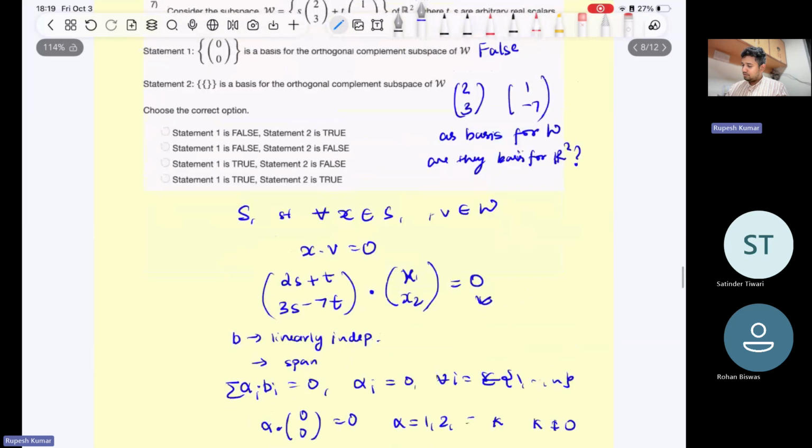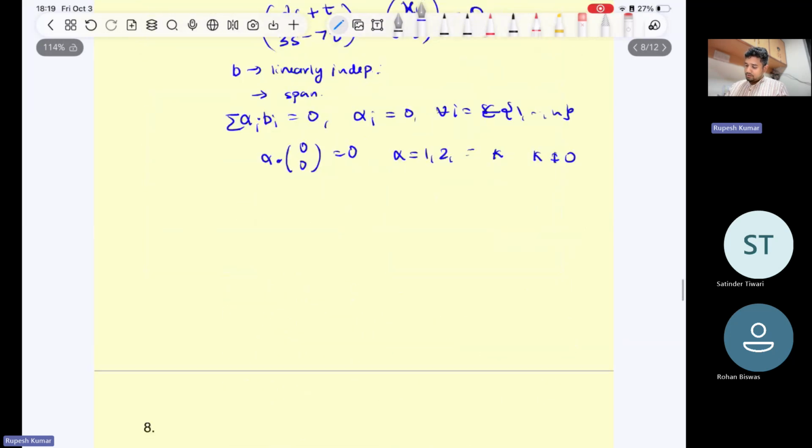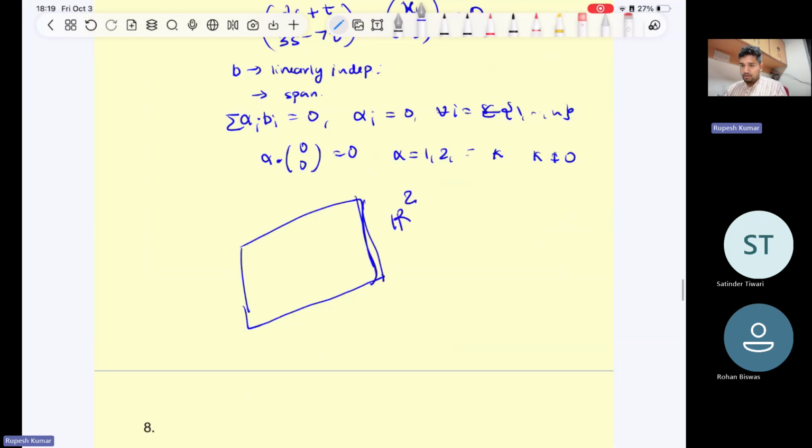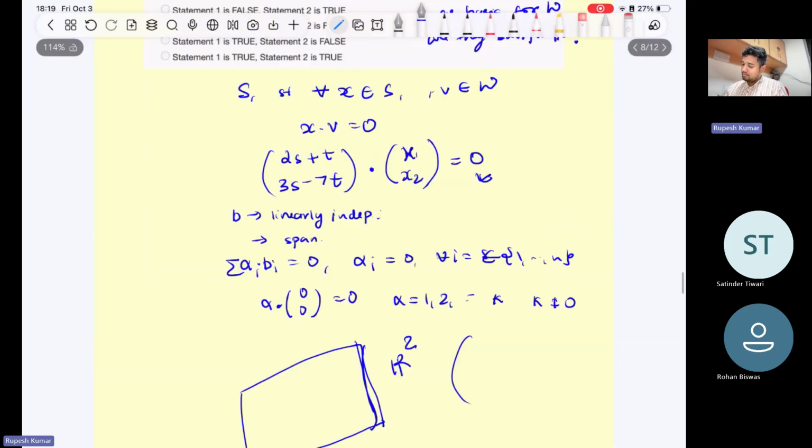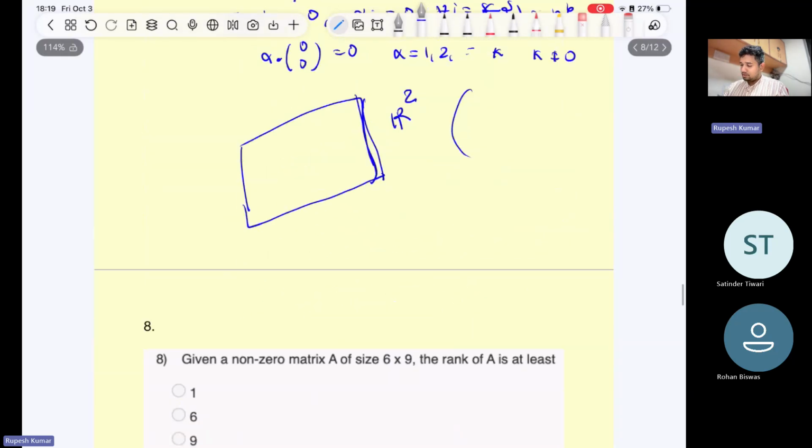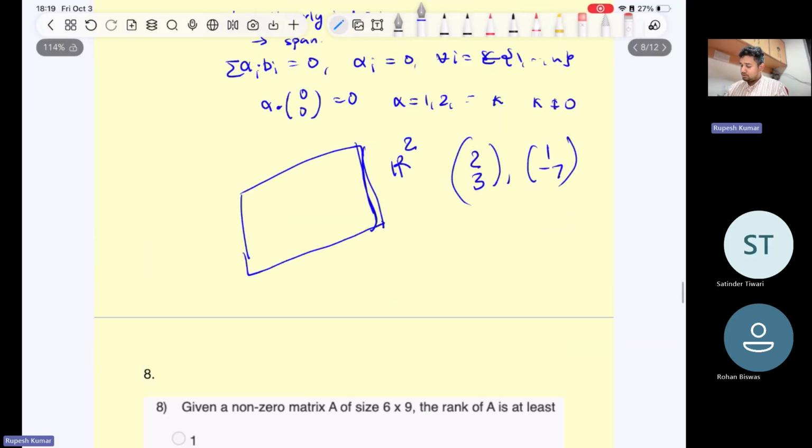Right, but let's see. So you have this R2 space. Let's say these span all of R2, right? Now if I have two vectors, (2, 3) and (1, -7), the first thing is these are spanning some vector space W, right? The question is, do they span the entire R2?